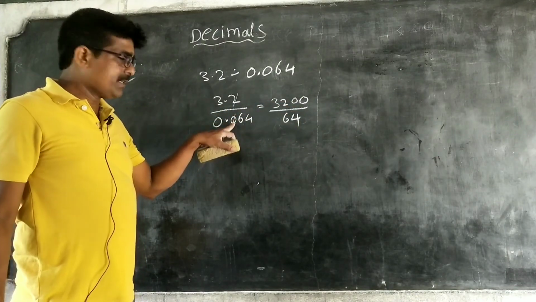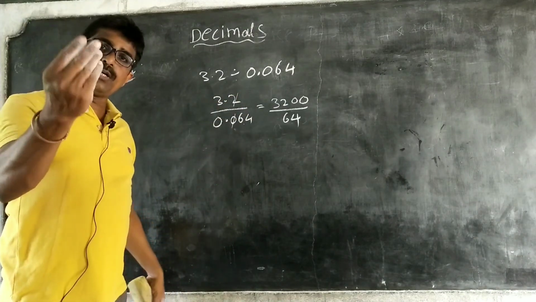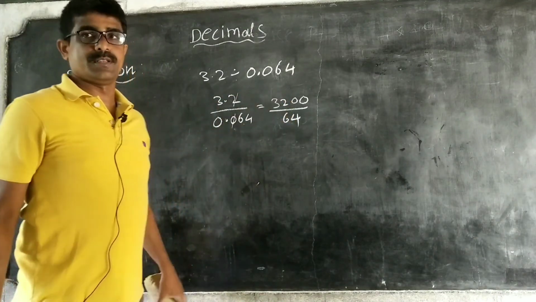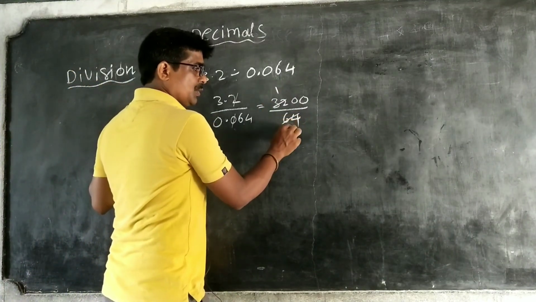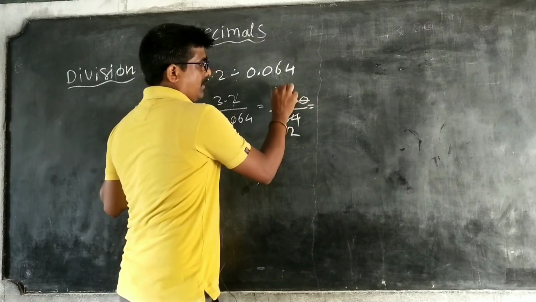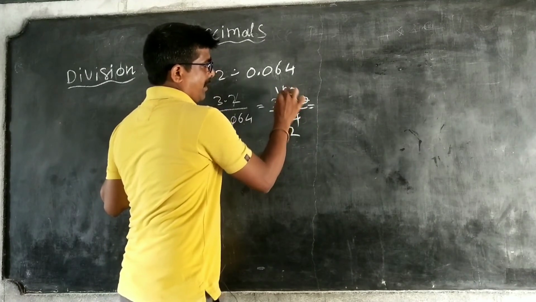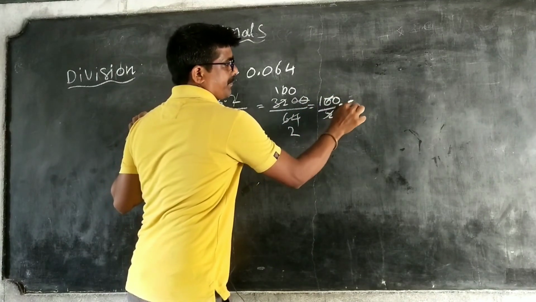Already 1 is over for 1. Here 1 decimal is over. Extra we have only 2 decimals. That is equal to 2 zeros. Okay. Next, 32 ones are 32, 32 twos are 64. Okay, that is equal to 100. 100 by 2, that is equal to 50.